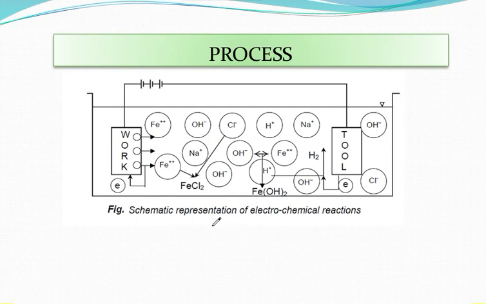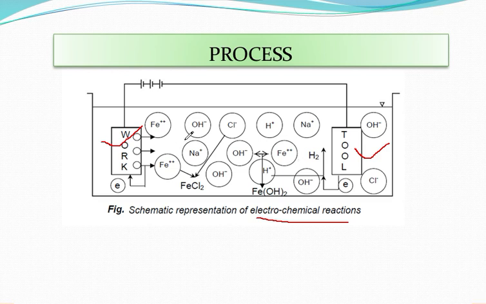So you just have a look here. This is the representation of the electrochemical reaction. This electrochemical machining process is occurring due to this electrochemical reaction. This is the workpiece which is of iron, and this is the tool, and you can see in between them there is a gap, and this is totally filled with electrolyte.